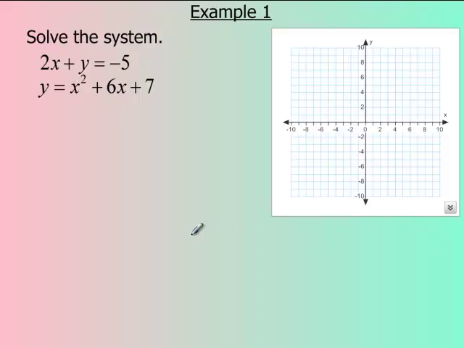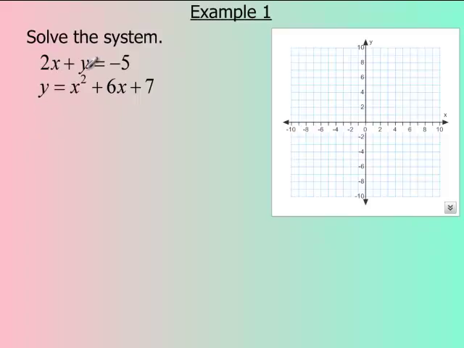So the easiest method is to use substitution, just like when we would solve systems of linear equations. So we can simply solve for one of the variables that's not squared and make our life a lot easier. This one's nicely set up because I can see in the second equation that y is already solved for.